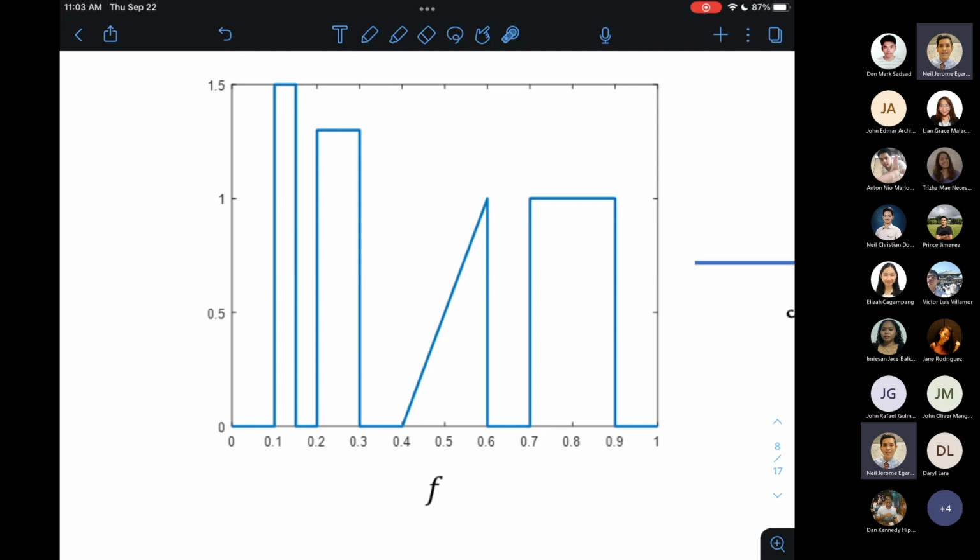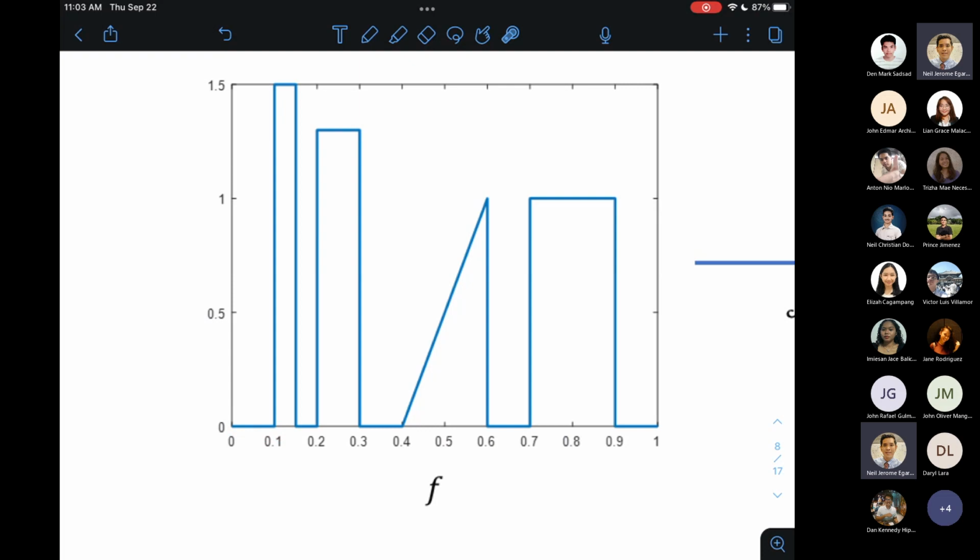Though the definition still works and is still correct, because convolution is defined on continuous functions, the input is not limited to continuous functions. It can also be piecewise continuous. I thought I could reduce it to continuous, but my example is actually piecewise continuous. It is not continuous because at 0.1 its value is 1.5, but right before you arrive at 0.1, its value is 0. So it is discontinuous at 0.1. Alright?